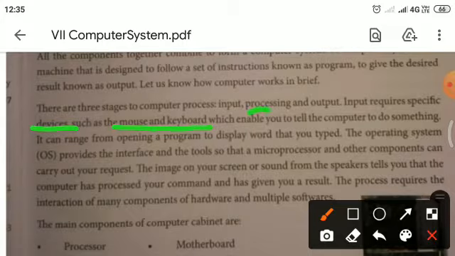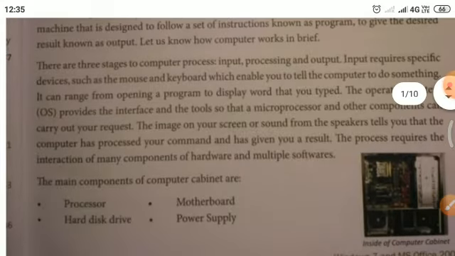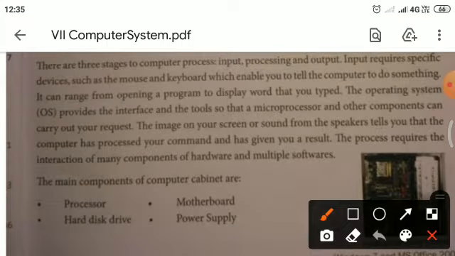And second is processing, which means the process of converting the input that is taken by the user into the output. And students, the result you can see displayed on your display is known as output.